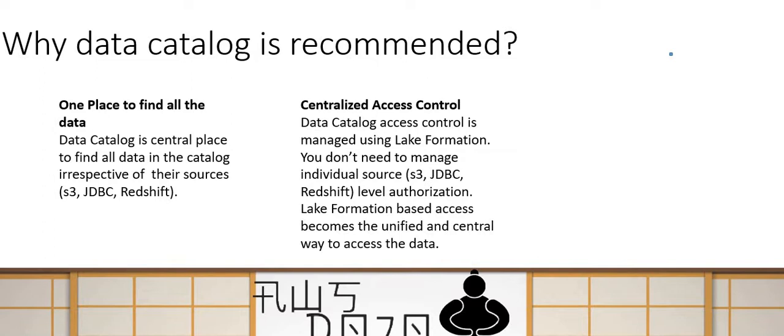So you don't need to go to your individual data sources and say, okay, in this Redshift cluster this user can see the following table and this user cannot see it, or go to RDS and control access there, or go to S3 and control access there. All those things are not required. You come to a single place in your data catalog and use AWS Lake Formation to decide which catalog a user can access and which not.